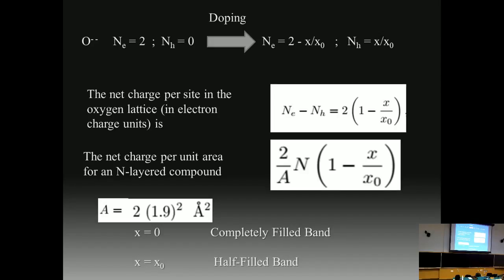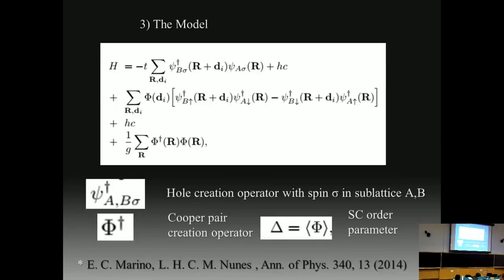Then we can write these expressions here. This is the density, where A is the area per site, which is given by this expression here. So x equals 0 means a completely filled oxygen band, and x equal to x0 is a half-filled band.